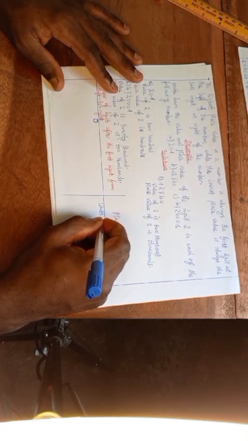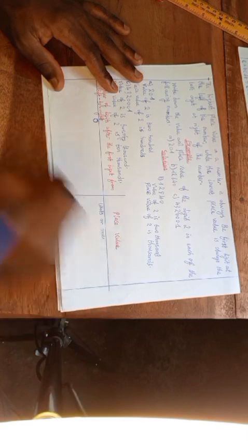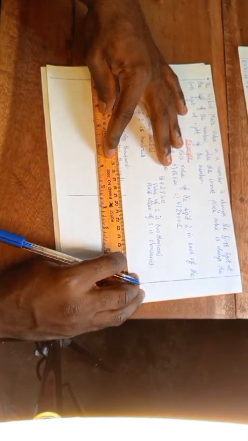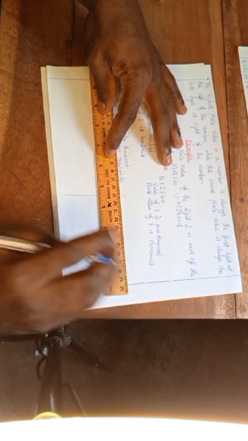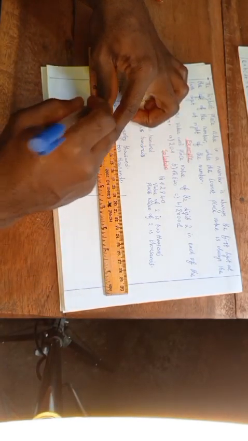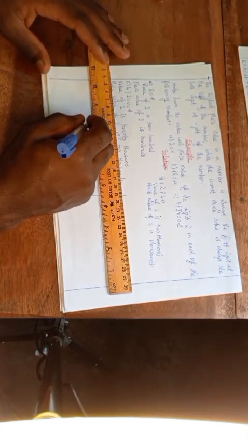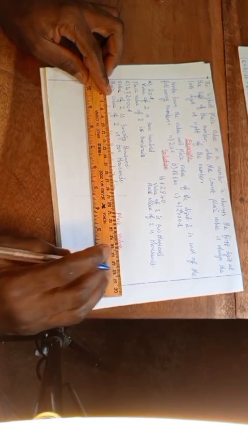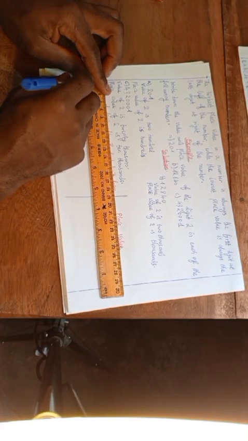In this case, the place value will be units or ones with an S. The second row, we have number of digits as 1.